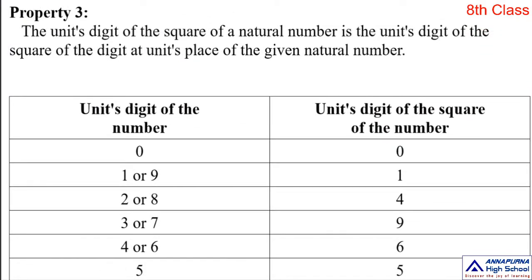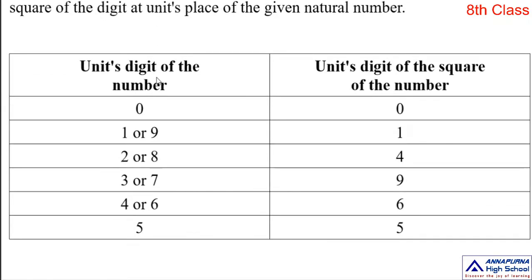And the third one is not really a property, here we just state the units digit of a square number. In the given number, if the units digit is 0, its square has 0. If the units digit is 1 or 9, its square has 1.